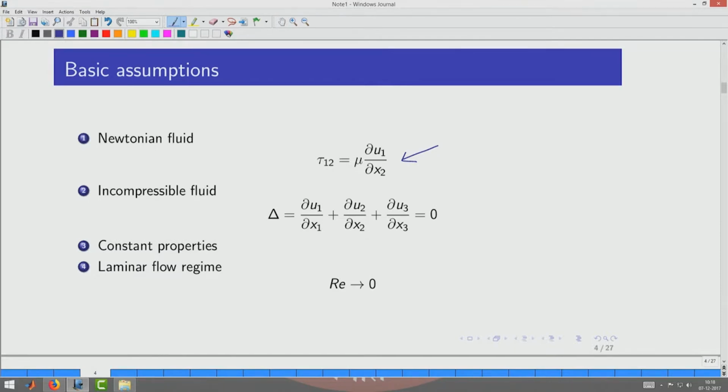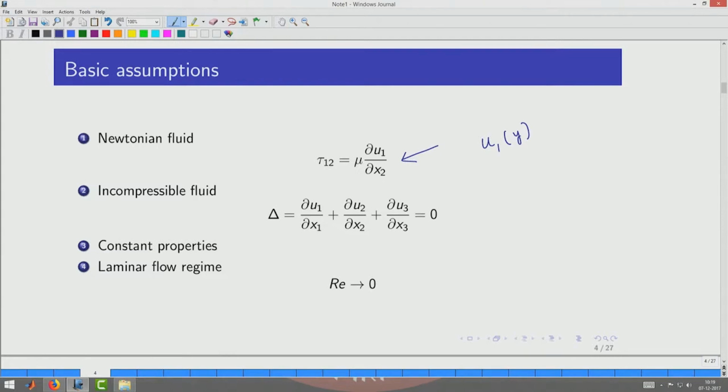And it also means that once we have the velocity distribution as a function of the spatial coordinate, for example, in this case let us say x2 is y, then the slope of it multiplied by the viscosity will give you the shear stress. So, we can also use this assumption to arrive at the shear stress distributions within the domain.